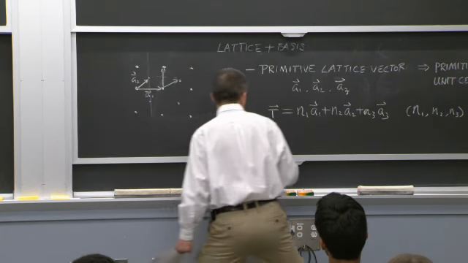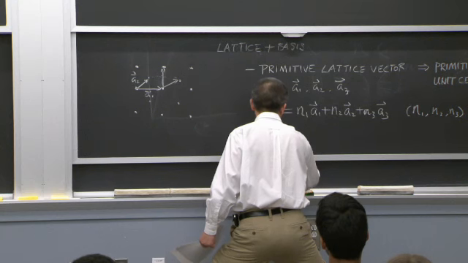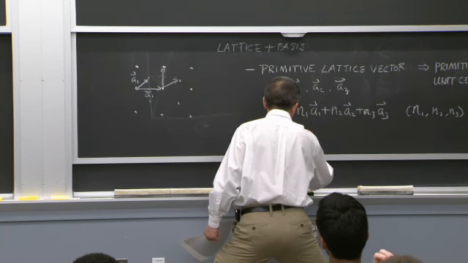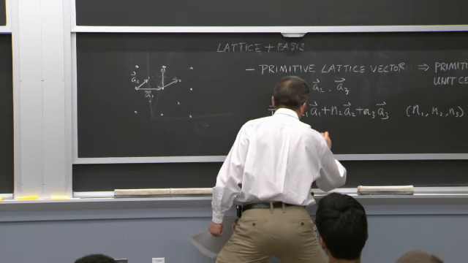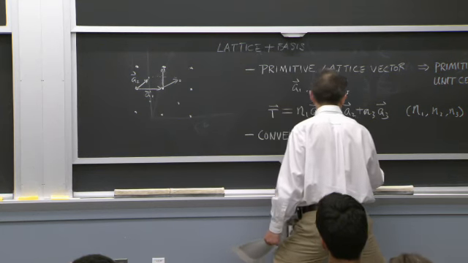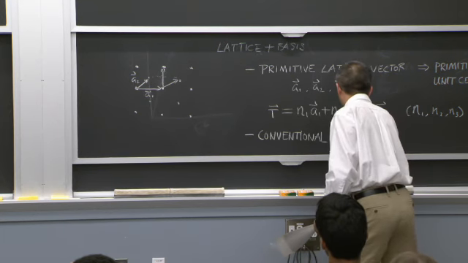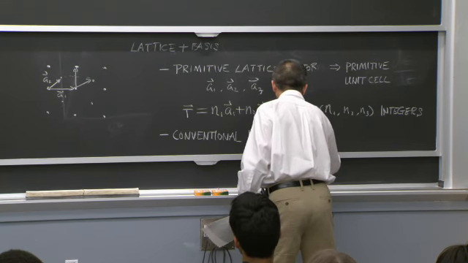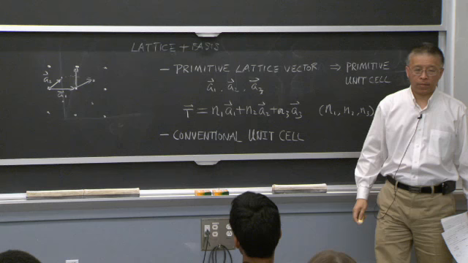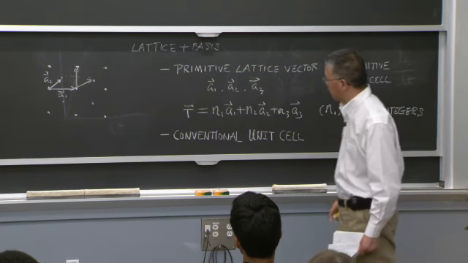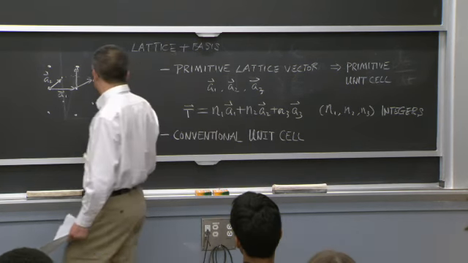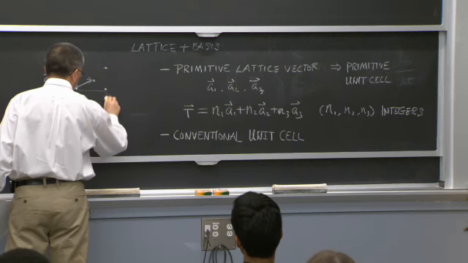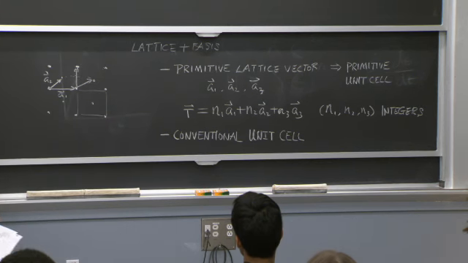Right? So this is one choice of the vectors. And the other choice is a conventional unit cell. If you look at this, it is probably much easier if you choose this as your unit cell, right? It looks more regular.